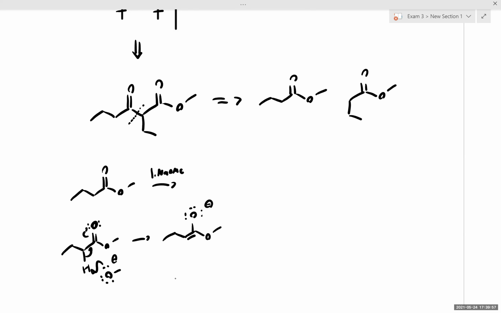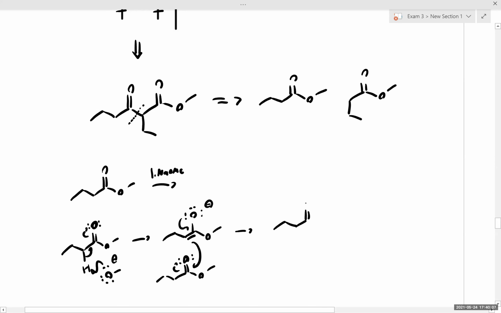So we deprotonate our alpha position. Our enolate will then attack our electrophilic carbonyl carbon, and we generate a tetrahedral intermediate.